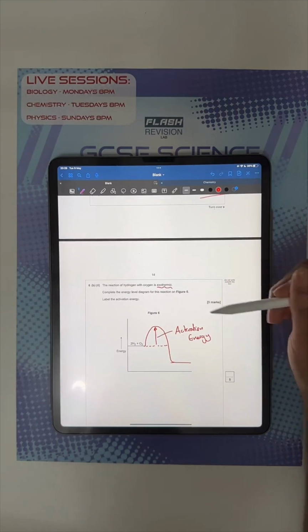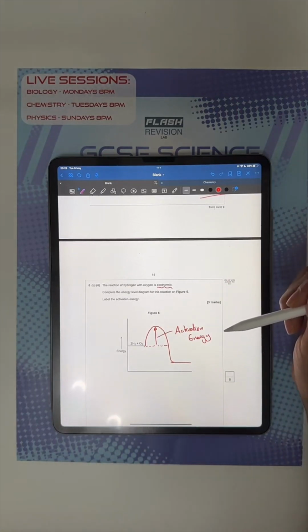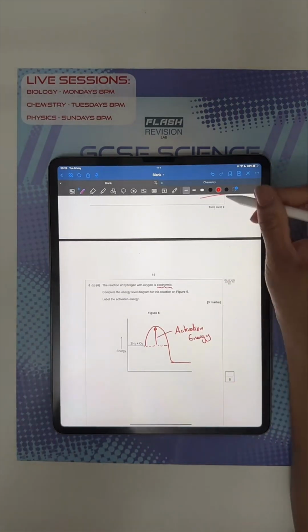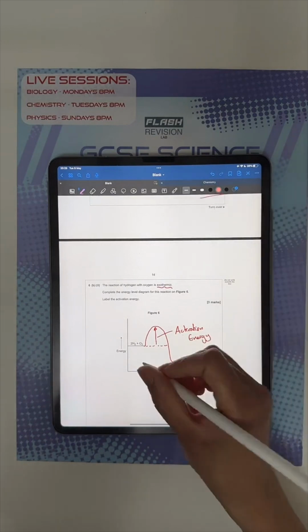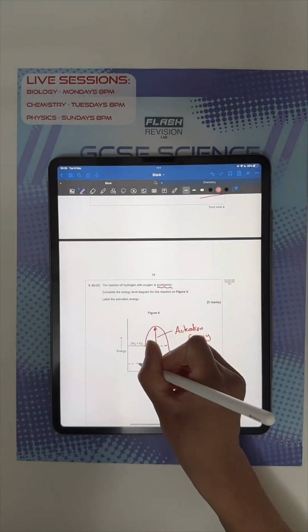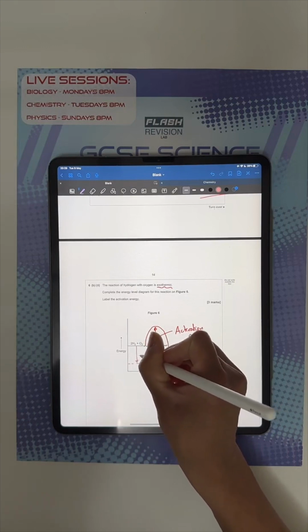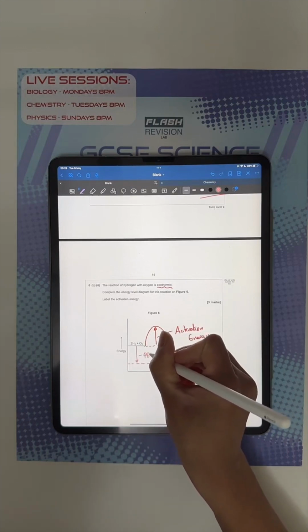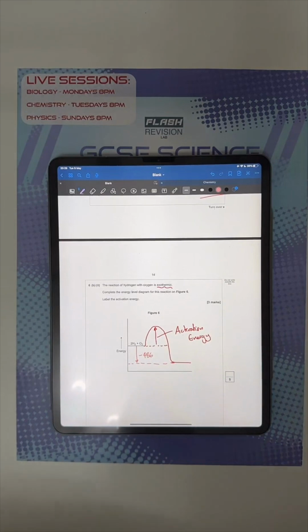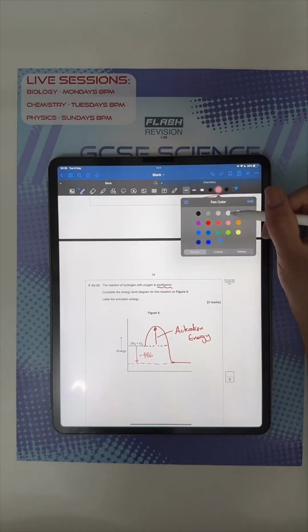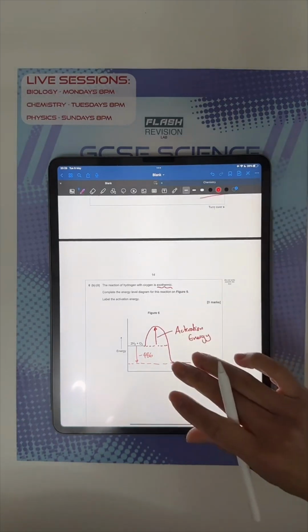It's not asking us to label that, but if we were to label it, let me just add it on. Minus 486 would be this value here. Just in case they ask you this year to label it, it'll be over there. All right, let's move on.